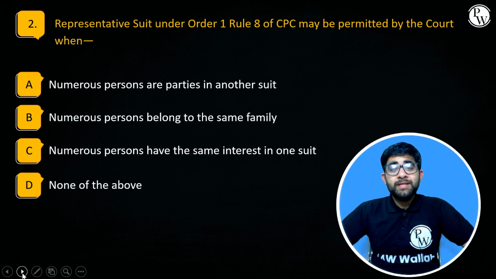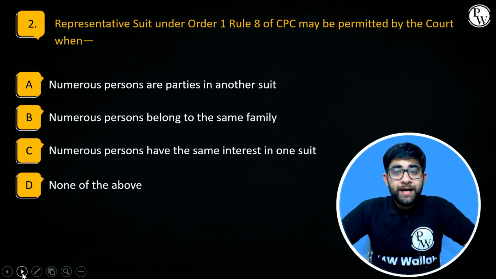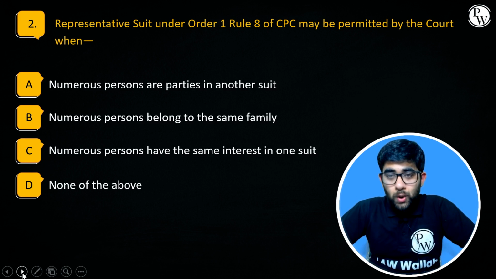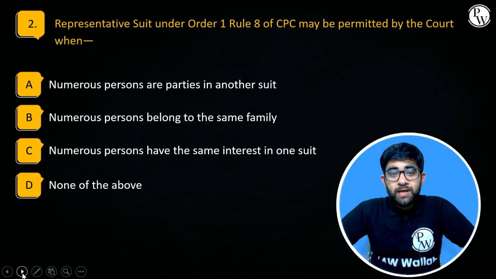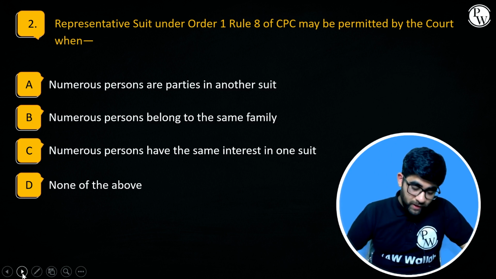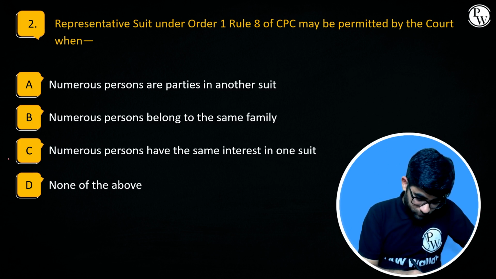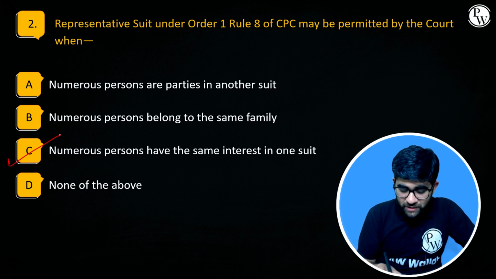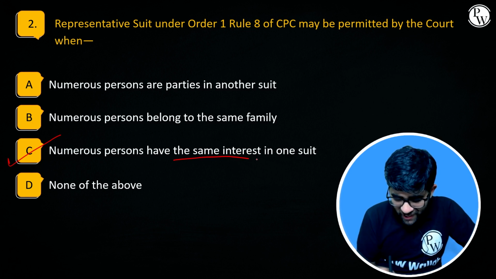Next, representative suit under Order 1 Rule 8 CPC may be permitted by the court when numerous persons are parties in another suit, numerous persons belong to the same family, numerous persons have the same interest in one suit, or none of the above. The answer is numerous persons have the same interest.